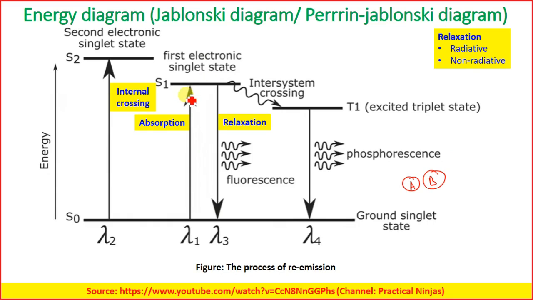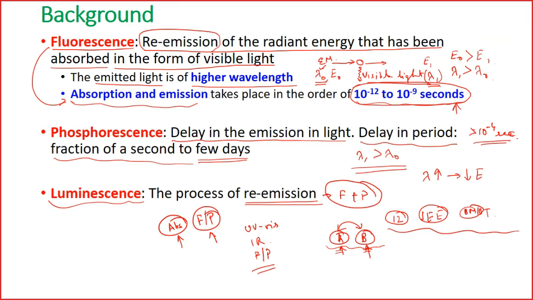And as I said, this transition happens very quickly. If you see, nanoseconds to picoseconds, it is a very small period of time. Whereas over here we are talking about say milliseconds. Say this is in milliseconds and this is in nanoseconds or picoseconds. So this is very fast.